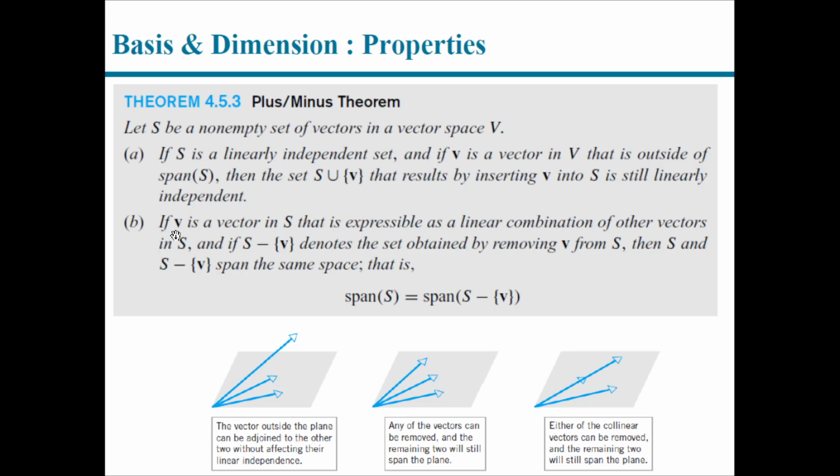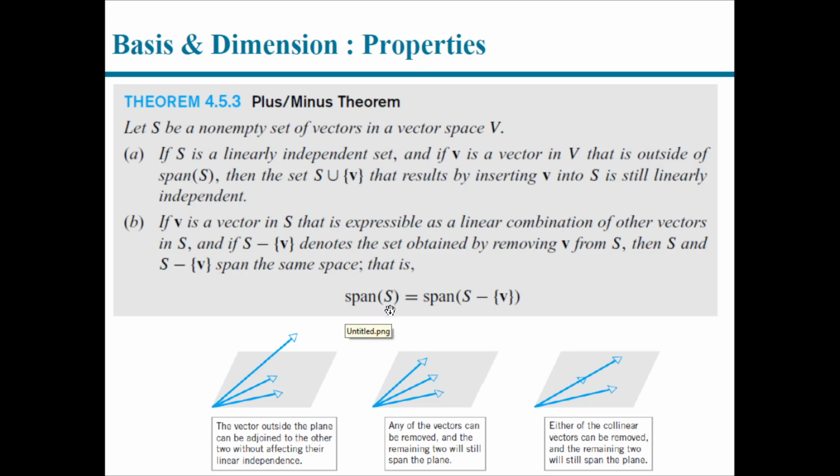Similarly, if I take a vector V that is in S, and that is a linear combination of some vectors in S. So let's say V is 2 times U plus 7 times W. Okay, so it's a linear combination of 2 vectors from S. Then if I kick out V, so this is eliminating V from S, so I will remove it, then I'll get the same linear space.